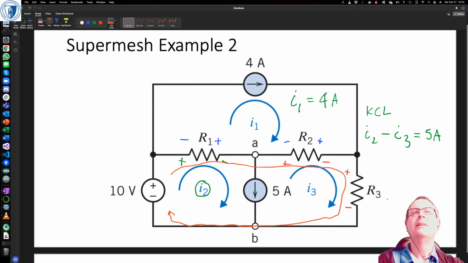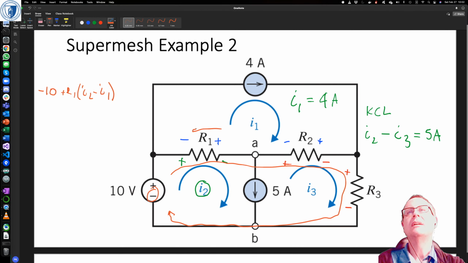So that equation is going to be minus 10 volts, because we're going into the negative side. Now the voltage across R1 is R1 times I2 minus I1, because I1 is going in that direction and those things are opposite.